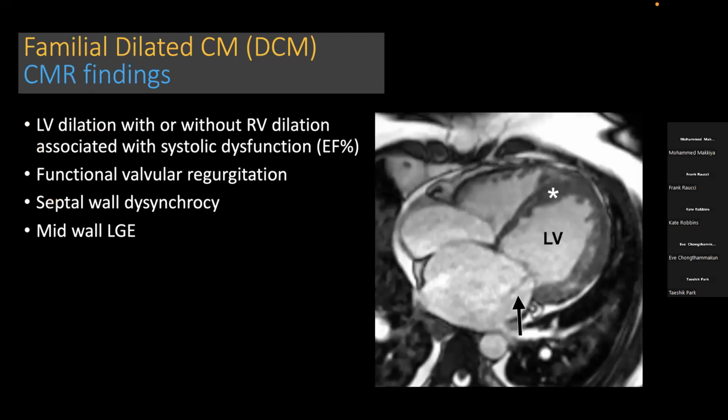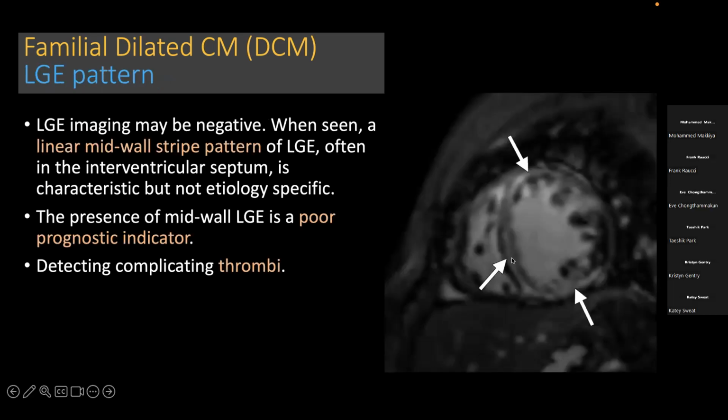The characteristic imaging features are LV dilation, with or without RV dilation. Functional valvular regurgitation, tricuspid and mitral, occurs because of dilation of the atrioventricular annulus. Septal wall dyssynchrony and mid-wall LGE are other features.